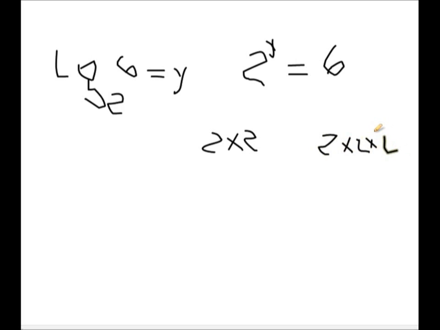So this is 2 to the power of 3, right? This is to the power of 2. So our answer is in the middle. So we can guess here the exponent is going to be 2 point something, but we can't really find out the exact value since this is a decimal value. That's why we're going to use our calculator.